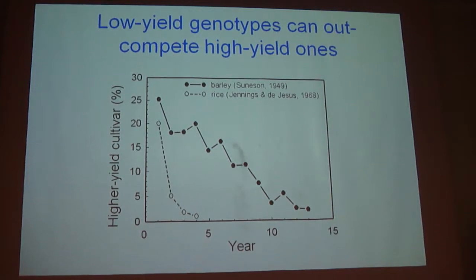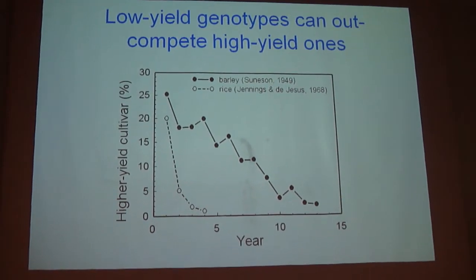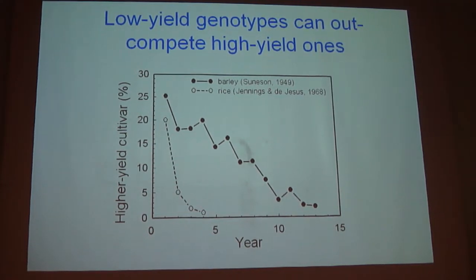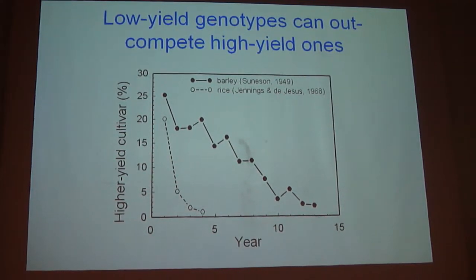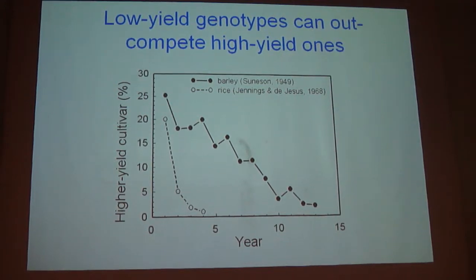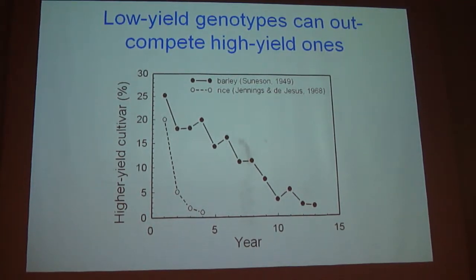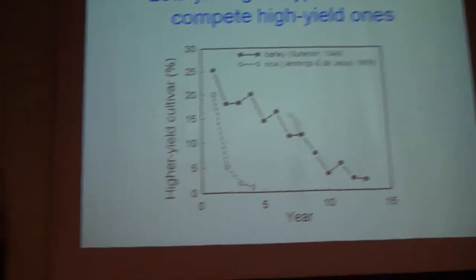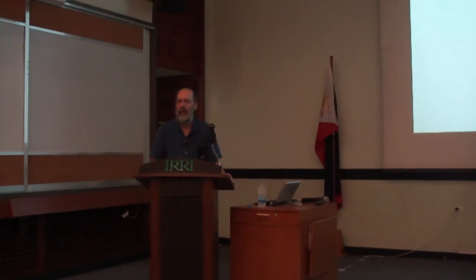And so from this kind of data and from the arguments in Colin Donald's paper, where he talks about trade-offs between individual fitness traits and the collective performance of plant communities, based on those kinds of data and arguments, I assumed up until a couple years ago that there was this inevitable trade-off between the competitiveness of crops with weeds and the yield potential of those crops.